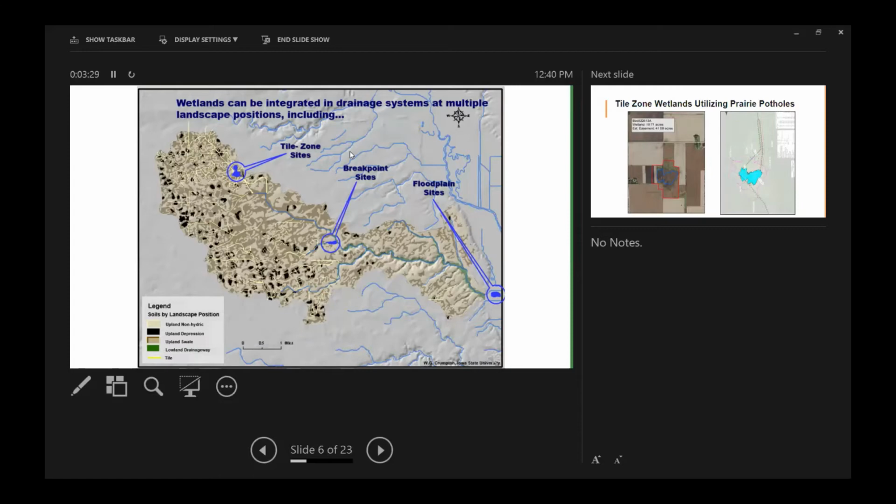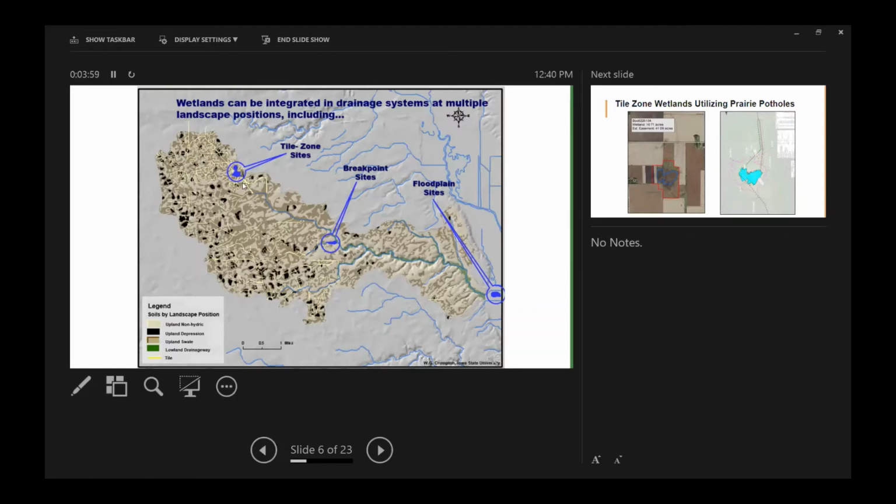Over the last 20 years or so, we've had a lot of experience with what you'll see there called breakpoint sites, which are these CREP sites that we talk about on our next video. But there's only so many spots where these work. We knew we needed to look at other landscape opportunities across the state, and you'll see higher in the drainage area of what is called a watershed that drains from northwest to southeast.